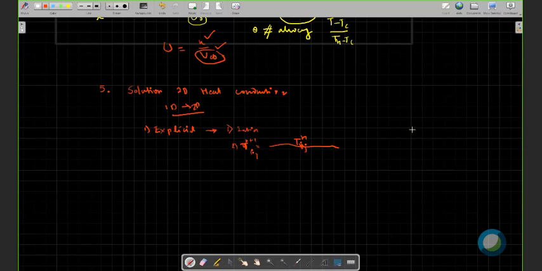All these values are known at n equal to 0, and we want to calculate new values. These T n plus 1 values are calculated by using all the T n values. It is straightforward: at every point, get the known values, find out the new value.